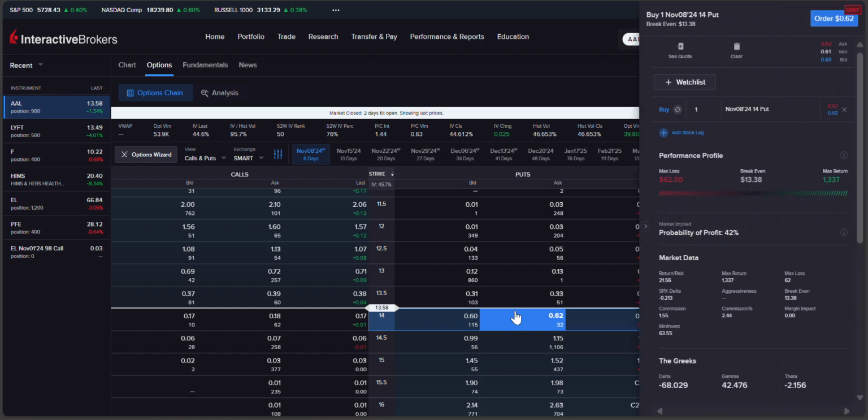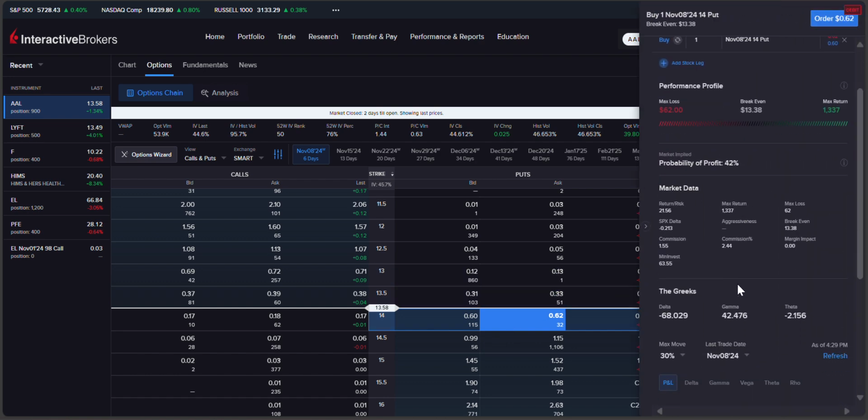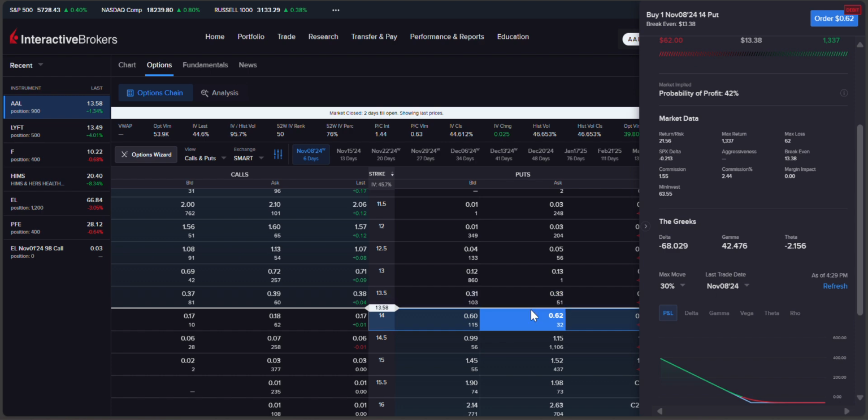And so, for example, if you buy a put at this price, and then you sell, for example, this put right here, if the stock goes down, both puts are exercised. Basically you will sell a stock at 14 and buy it at 13, so you gain $1 per each option.